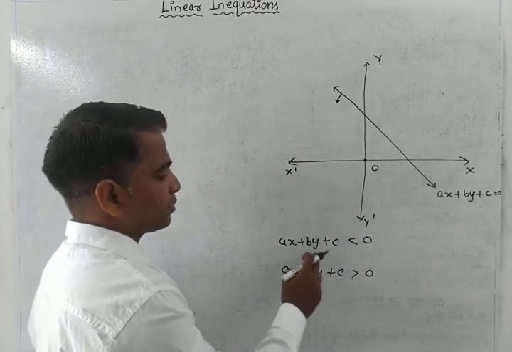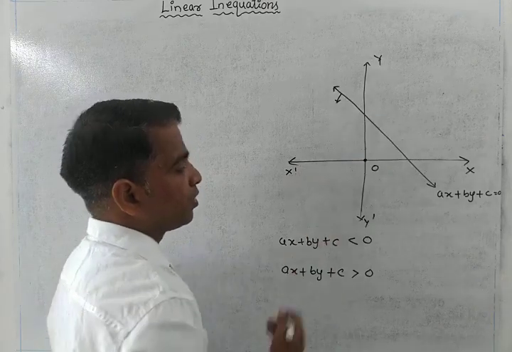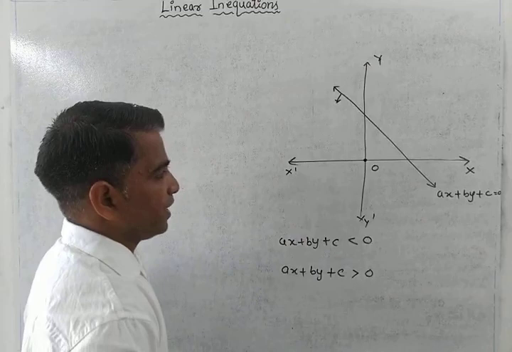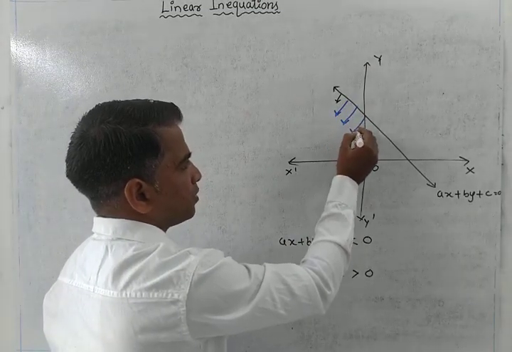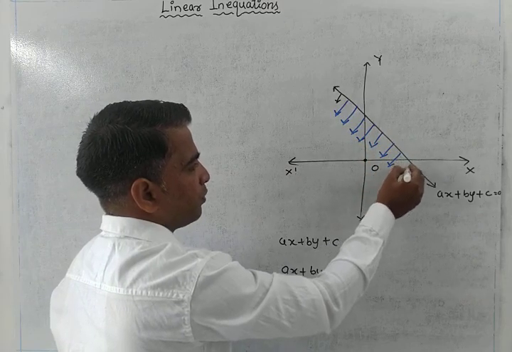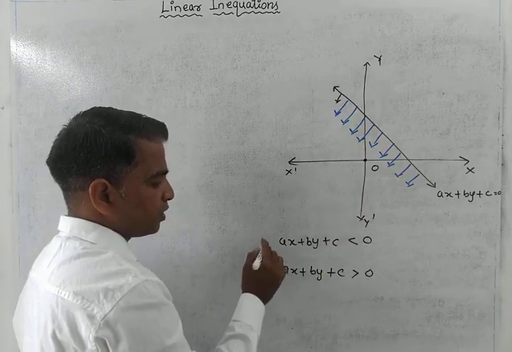So ax plus by plus c less than 0 means it is towards the origin. So all the points towards the origin, which this arrow shows, belong to the solution set of this first inequation.